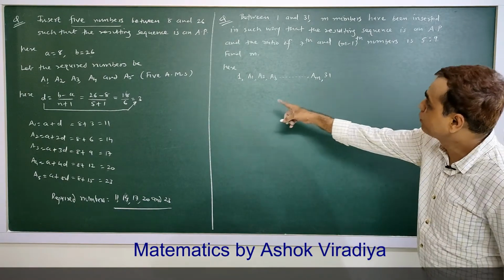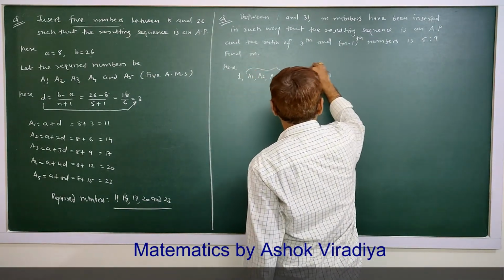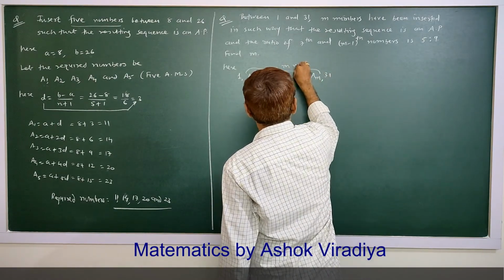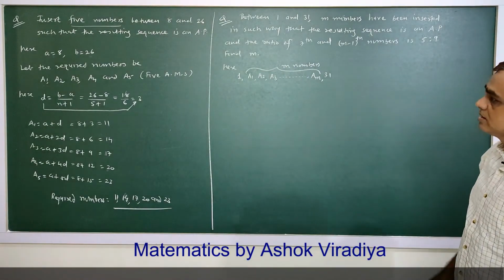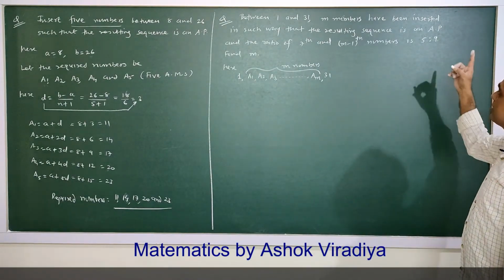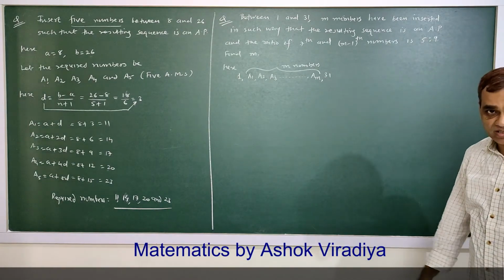So between 1 and 31, these m numbers are inserted so that the result is an arithmetic progression.